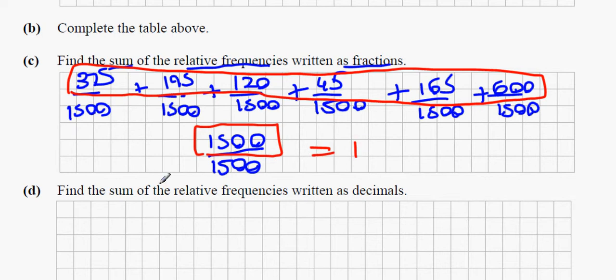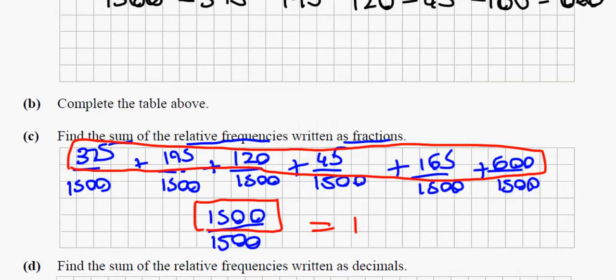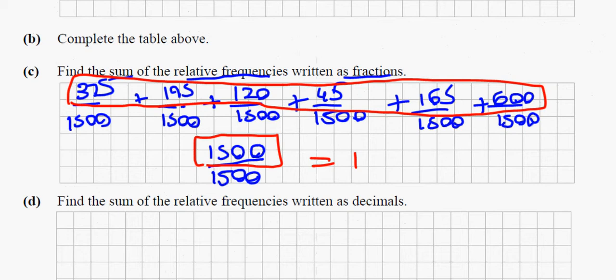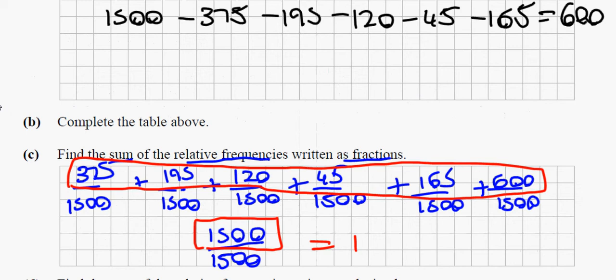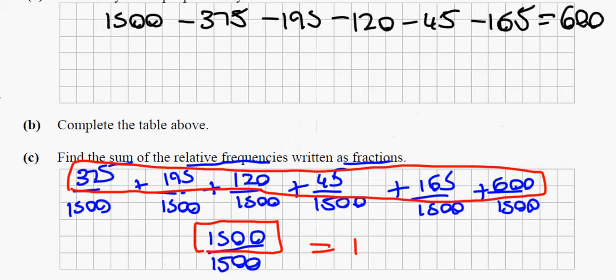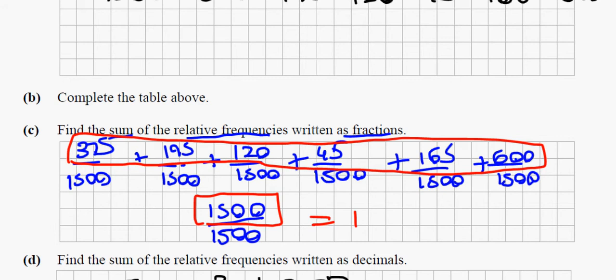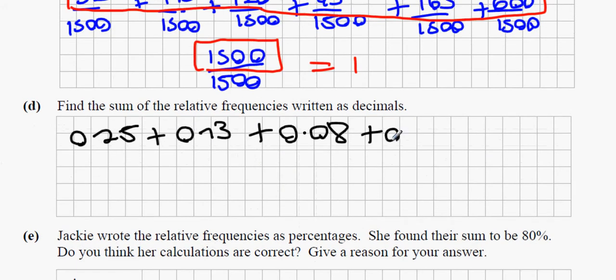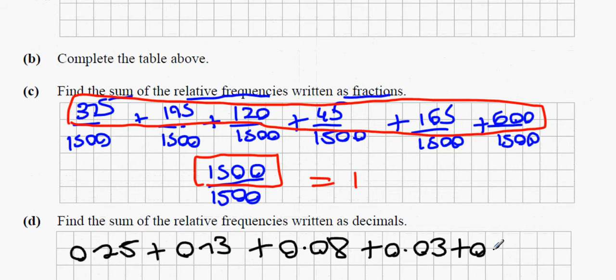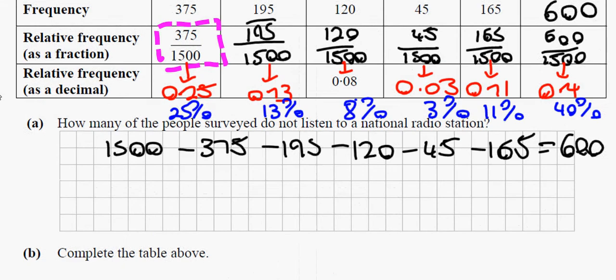Now find the sum of the relative frequencies written as decimals. So what we've got to do is 0.25 plus 0.13 plus 0.08 plus 0.03 plus 0.11 plus 0.4.